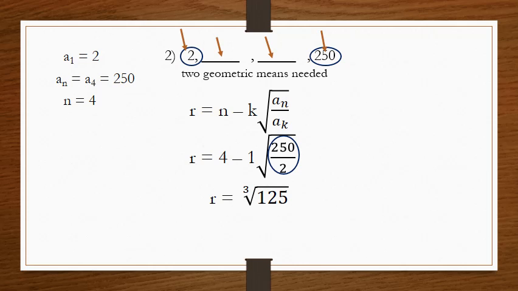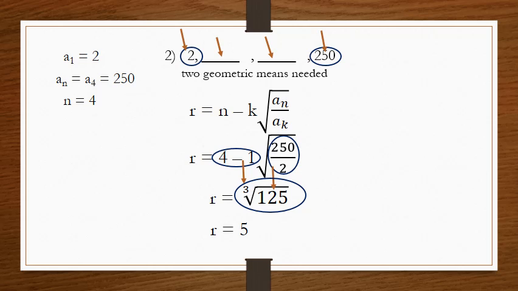You will get 125. Then subtract natin ang 4 minus 1, magiging 3. So yun ang magiging index of the root. So kung babasahin na natin ngayon, the cube root of 125. So what is the cube root of 125? It is equal to 5. So therefore, the common ratio now is 5.